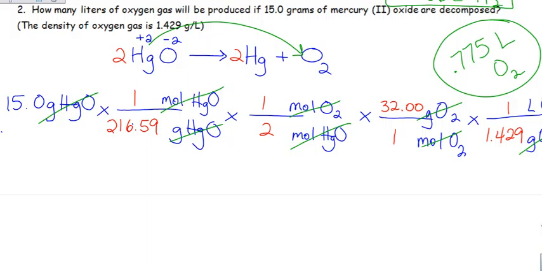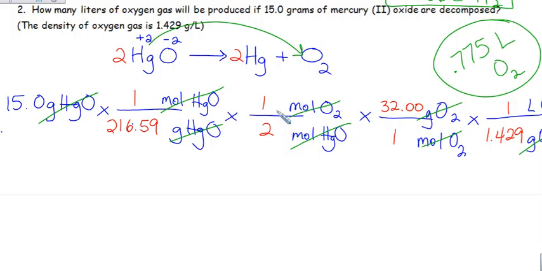So we start with our 15 grams, which then we know we need to cancel grams. We'll put it into moles. So the 216, just the molar mass on the periodic table. Then we can use the ratio from the balanced equation to compare different particles. We'll cancel moles of mercury oxide, switch it to moles of oxygen, using that 2-to-1 ratio from the balanced equation.